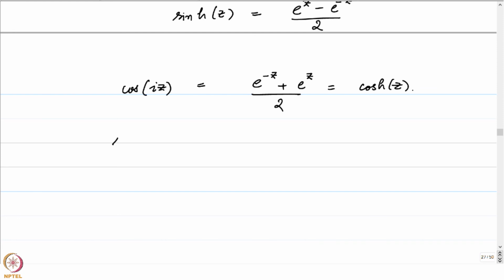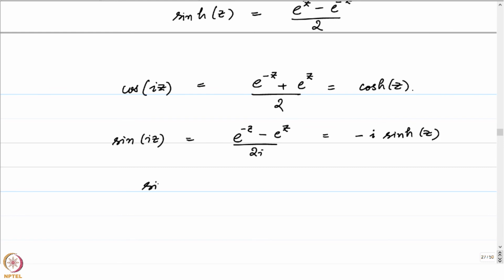And how about sine of iz? Sine iz will be e to the power minus z minus e to the power z, divided by 2i.